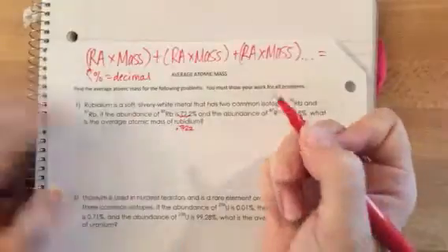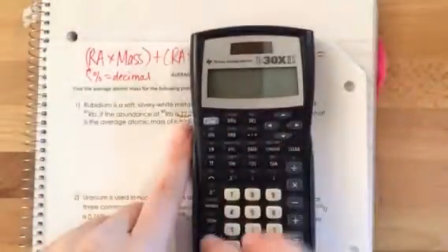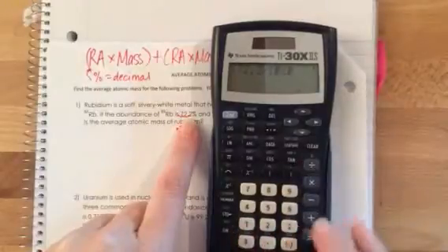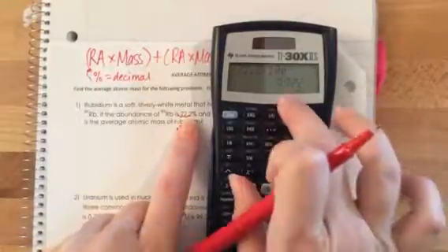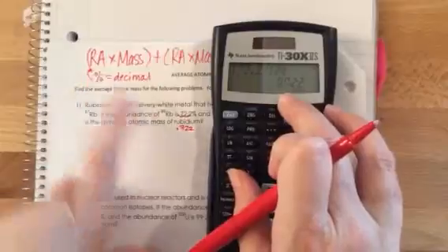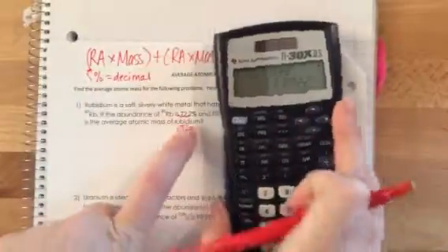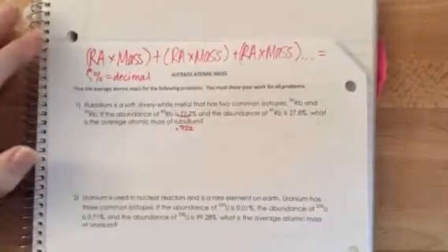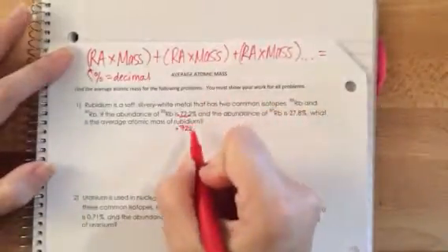Either way, it's the same thing. On your calculator, 72.2 divided by 100 gives you the relative abundance as a decimal. Either way, it's totally up to you what makes sense to you.